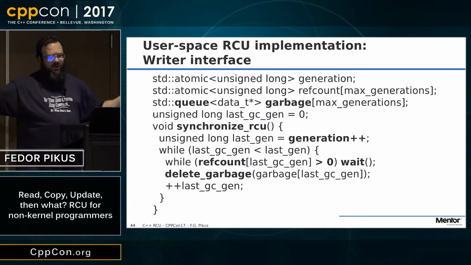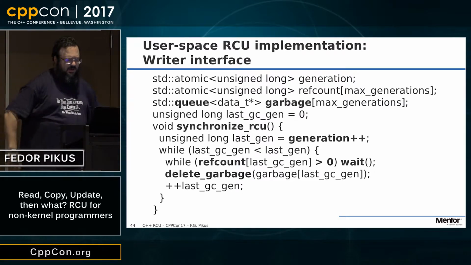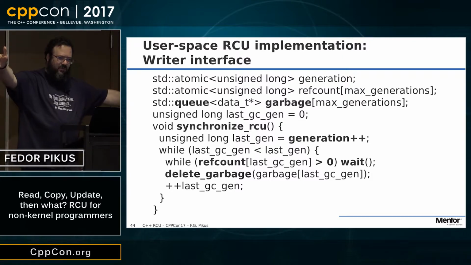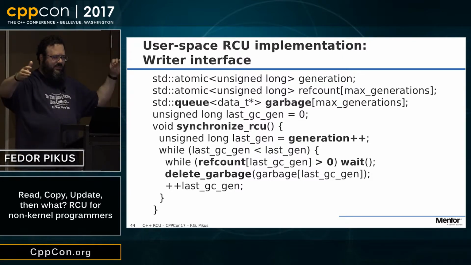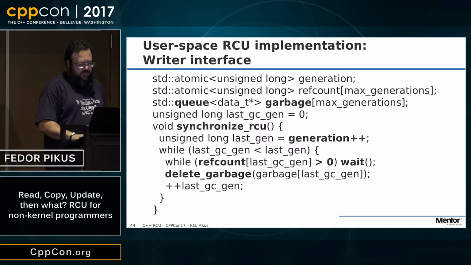You have to collect them in order. Because remember, all the ones that were earlier can see everything that came after that. It's just all the ones that came later cannot see what was removed before. But all the ones that came first, they see everything that was there. Okay, so that's basically how synchronized RCU can work.